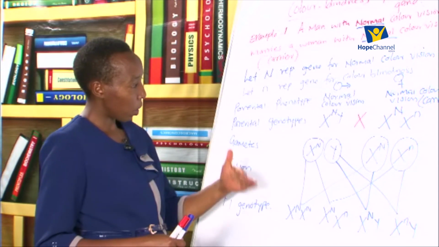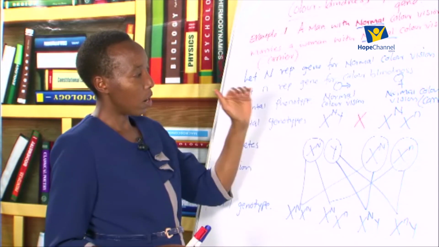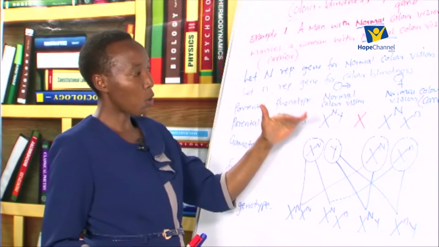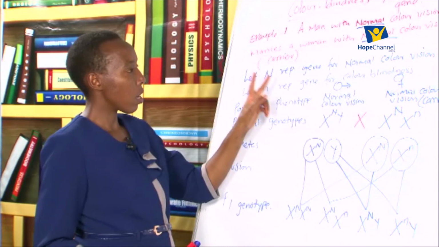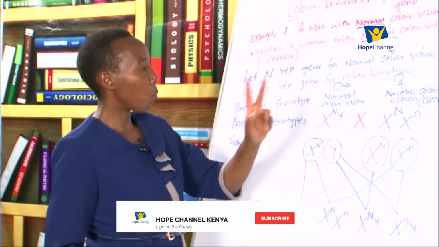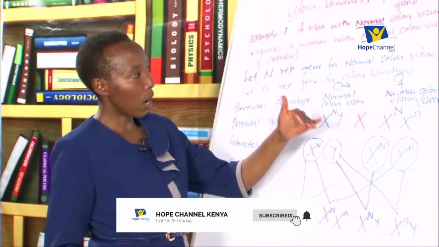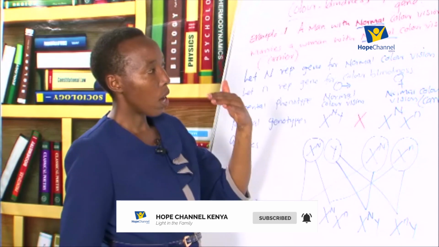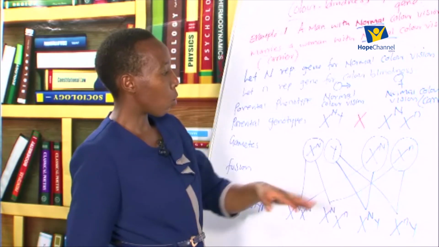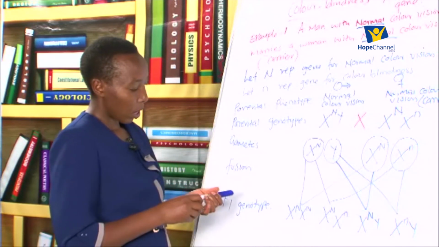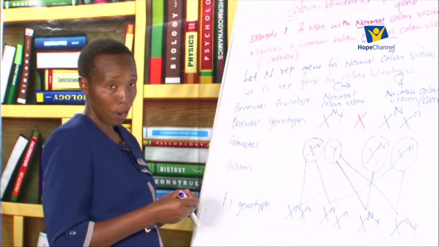Now we said that we had a normal man, a man with normal color vision, and we used capital N to represent the gene for normal color vision. And we also had a female who had normal color vision, but she was a carrier. So when we did the cross, these were the F1 genotype.